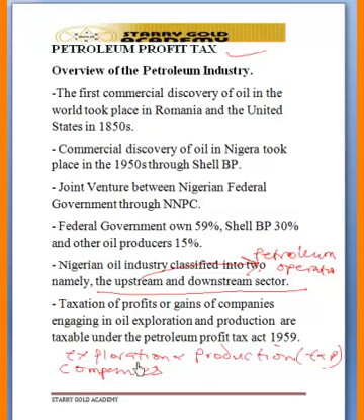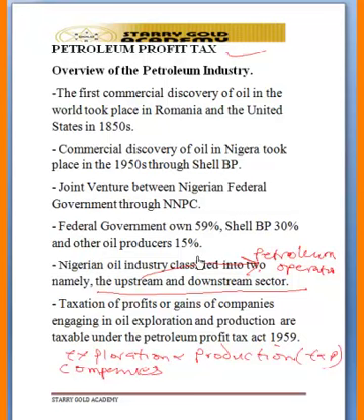Two, it is a high business risk area. With the trouble in the Niger Delta, oil pipes are being destroyed and damaged. All this poses risk to the companies in that business. It also has a complex tax reporting system.